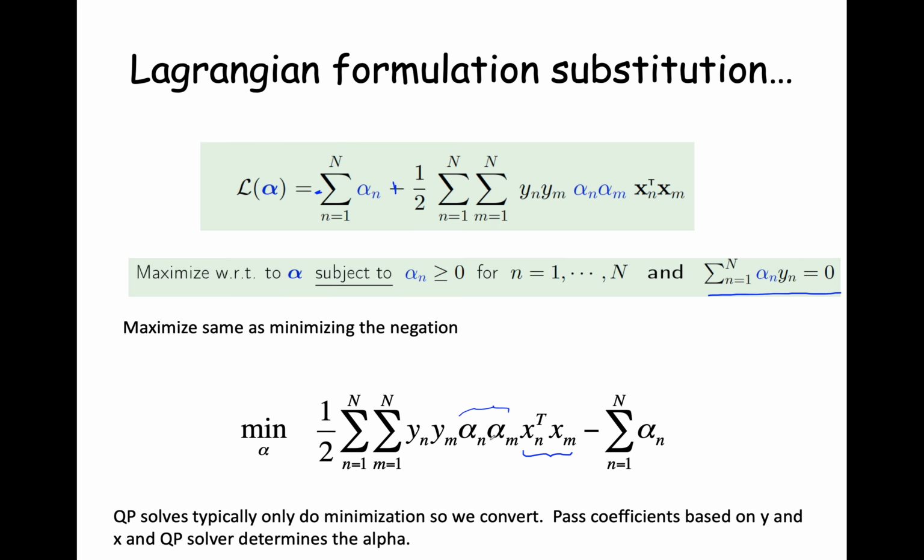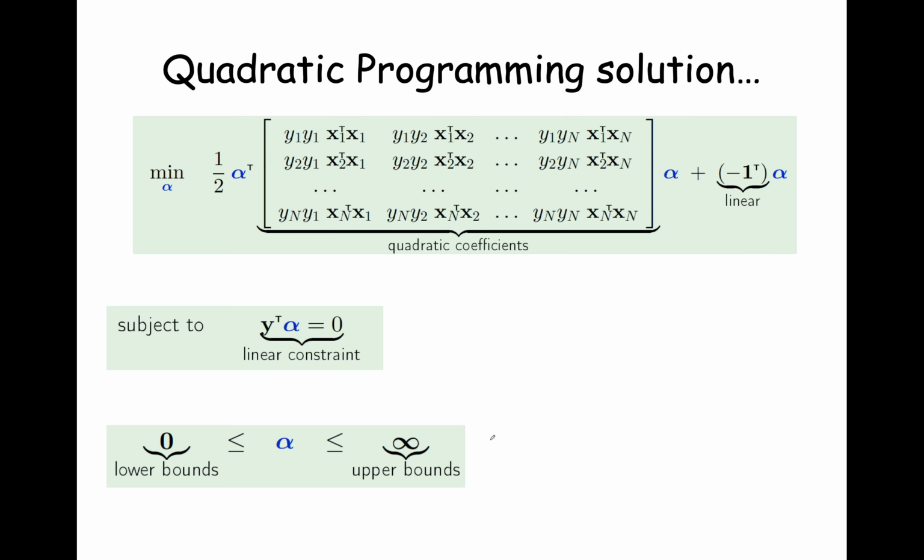So for this quadratic programming solver, we can put this expression in vector matrix form. And when we do that, we have our alphas in a vector. So alpha is equal to a column vector. And so alpha is going to consist of alpha 1 up through and including alpha big N. There's an alpha for each data point.